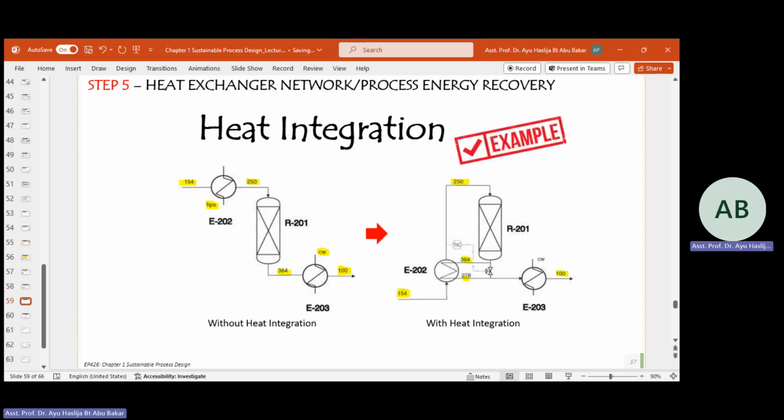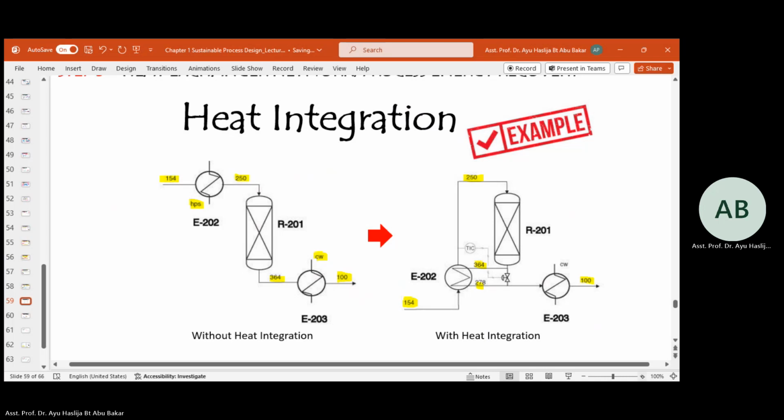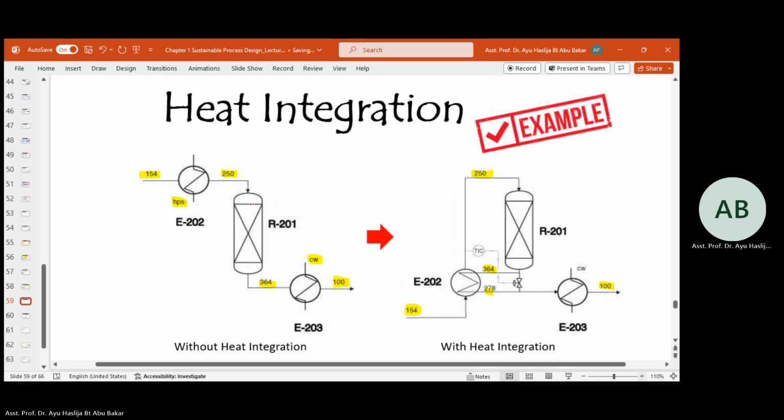So this is an example of heat integration. For example, this is without heat integration. This reactor, the inlet should be at 250 degrees C, outlet 364, the effluent.